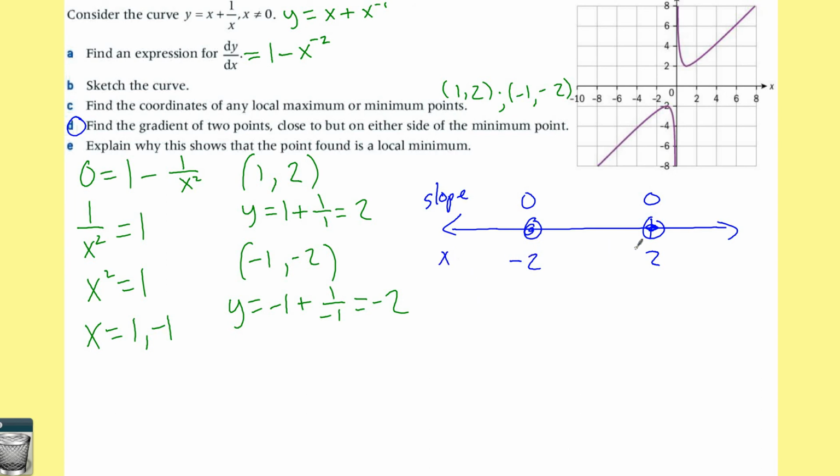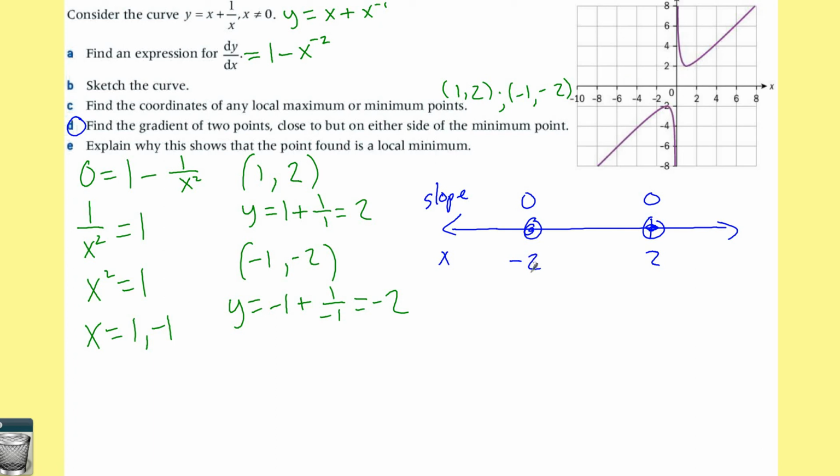Okay, so let's pick a number. What they wanted is close to, on either side of, the minimum point. We actually want to find the minimum, so that's going to be the one where x is positive 1.